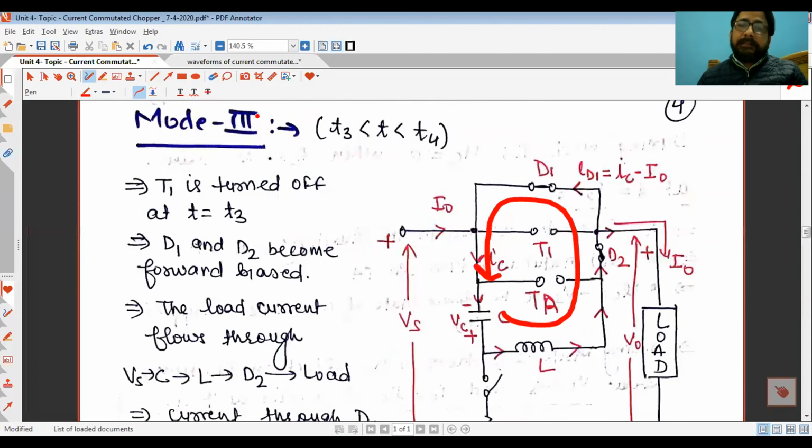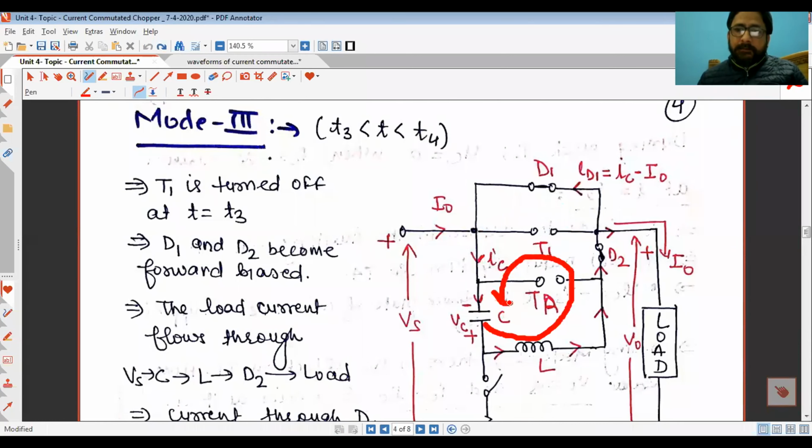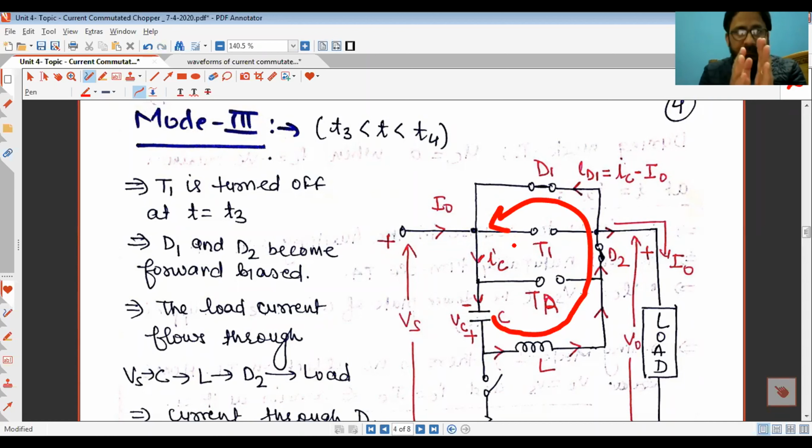The same thing will happen as it was happening in mode 1. The capacitor was discharging earlier like this, so its voltage was also reducing with time. Now the capacitor is discharging through D1, and the voltage will reduce to zero at some point in the middle of the interval, T4 minus T3 being the total interval.